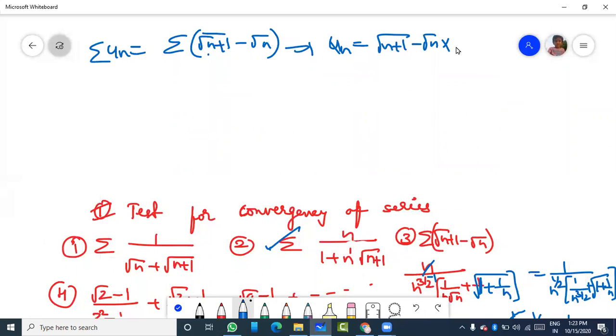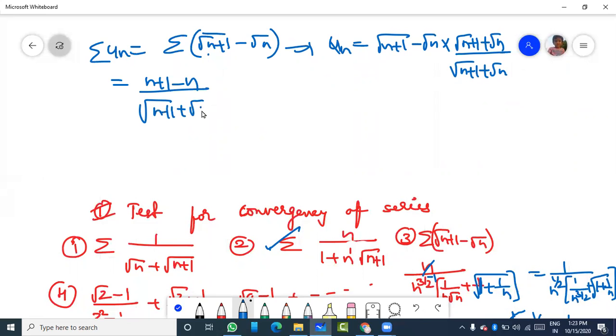We can rationalize: under root n plus 1 plus root n by under root n plus 1 plus root n. It is equal to n plus 1 minus n by root n plus 1 plus root n. This is equal to 1 by, in the denominator taking common root n, that is 1 plus under root of 1 plus 1 by n.